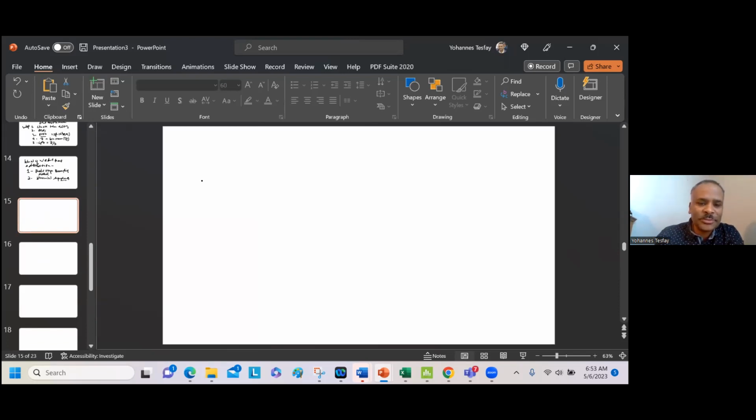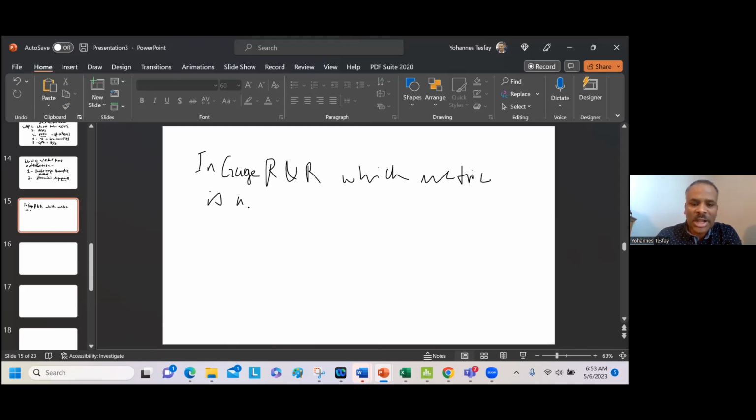Now the point is, in gauge R&R, which metric is an indicator of process capability?